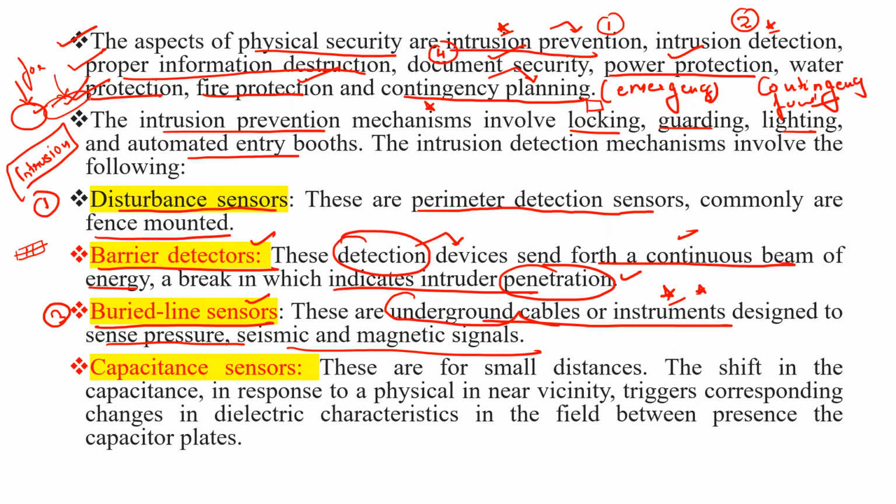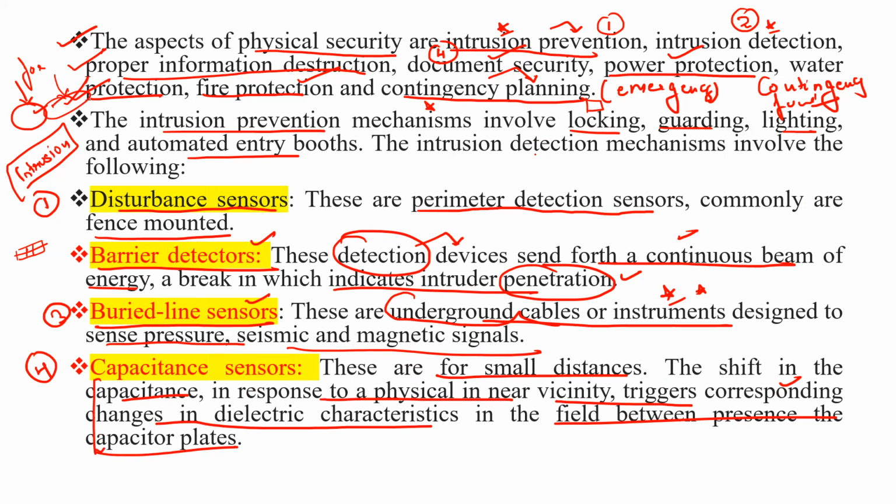So with the help of that also, if there is any change in the dielectric characteristics, it means there is something going on, or some other activity taking place at that place. That is the capacitance sensors.